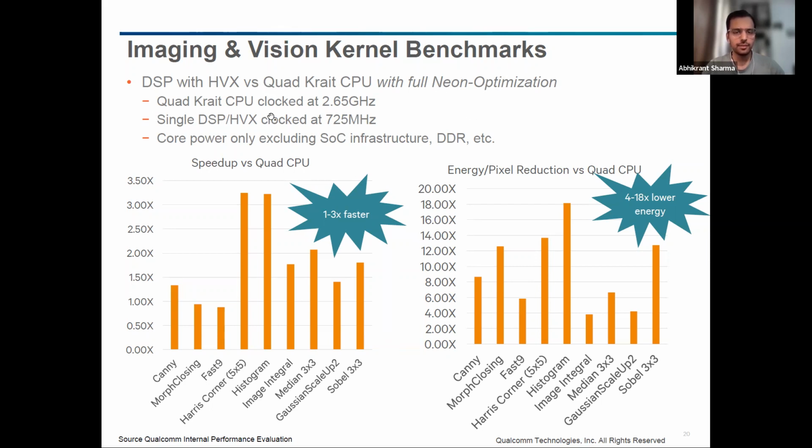The CPU is clocked at 2.56 gigahertz, whereas the DSP or HVX is clocked at 725 megahertz. So firstly, the frequency at which the DSP is running is relatively less. And obviously, in both cases, when we are doing this power analysis, we are excluding the SoC infrastructure and the power consumed by the DDR memory, or the RAM.